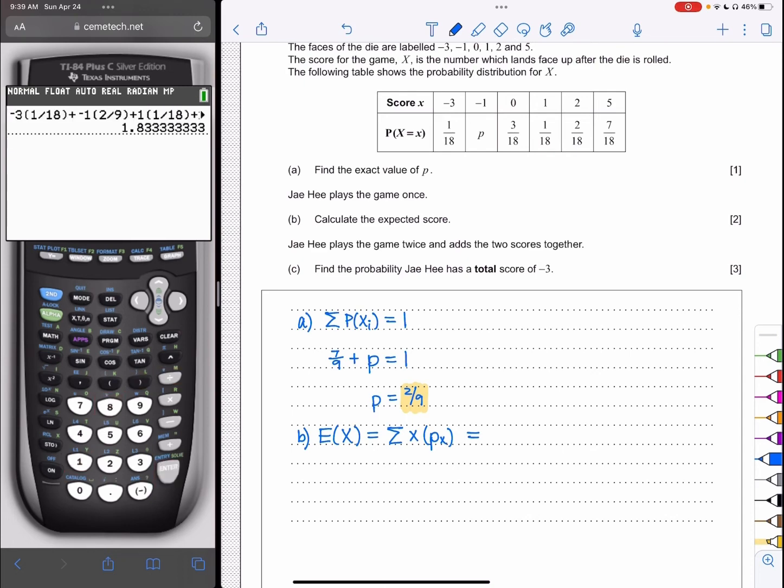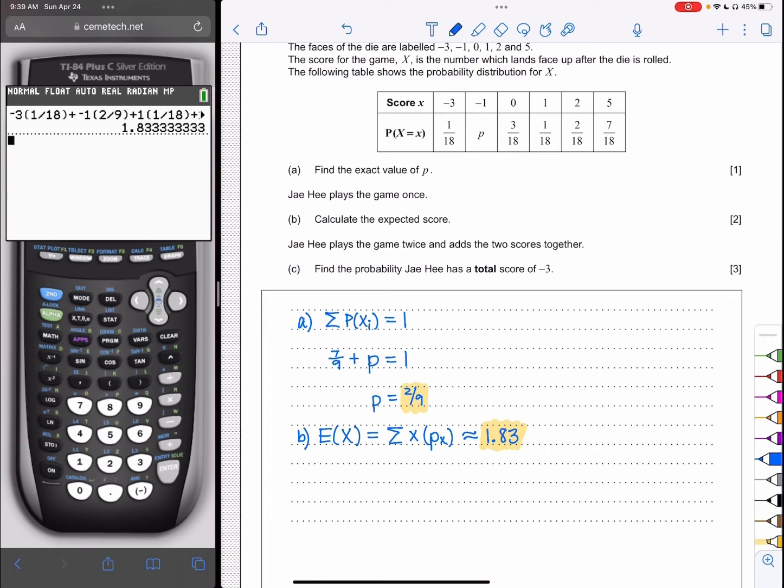So our expected value is approximately, in 3 sig fig, 1.83. So that's our expected value.